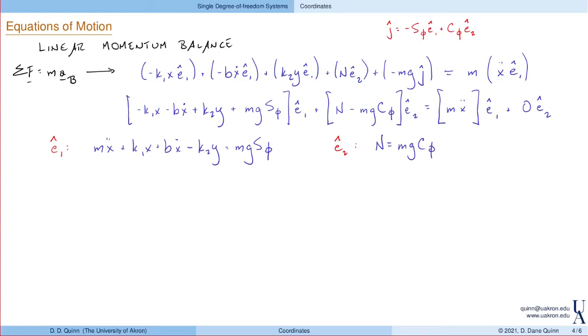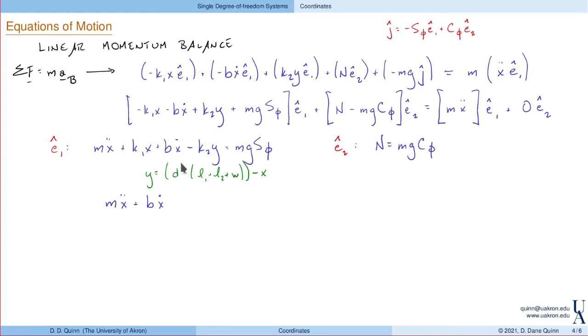Let's recall that y is equal to d minus L1 plus L2 plus w minus x. So as a result, finally, this equation of motion is m x double dot plus b x dot.